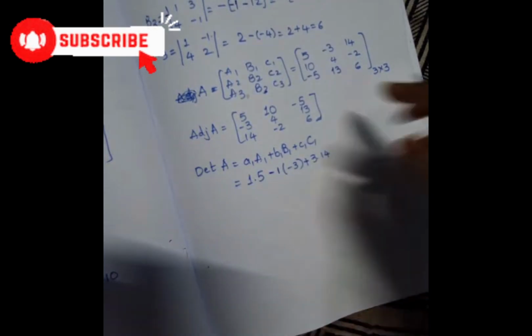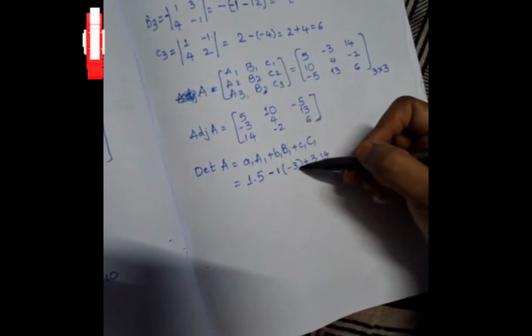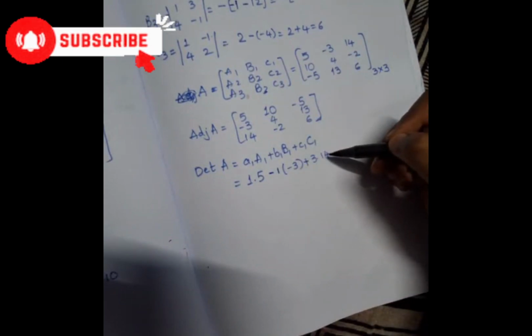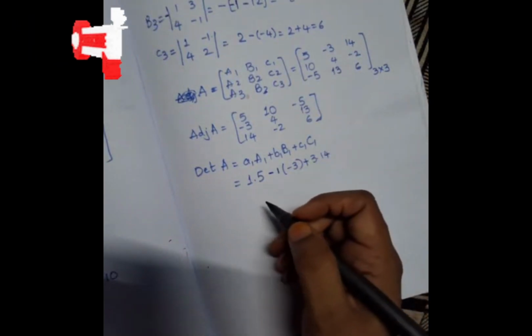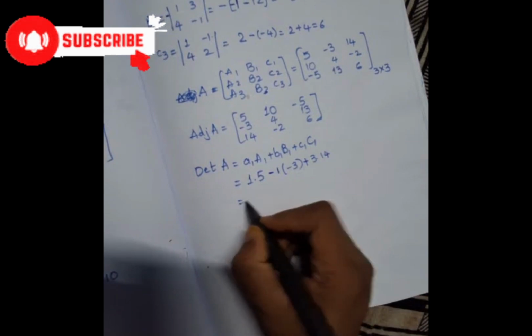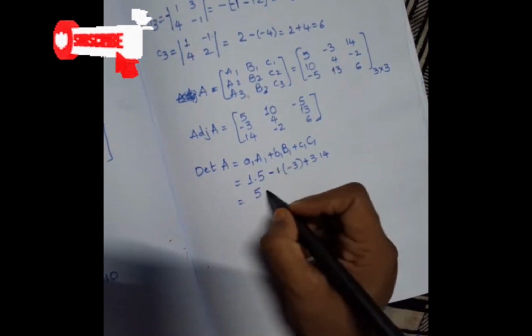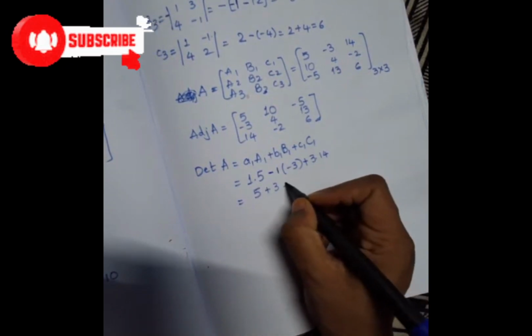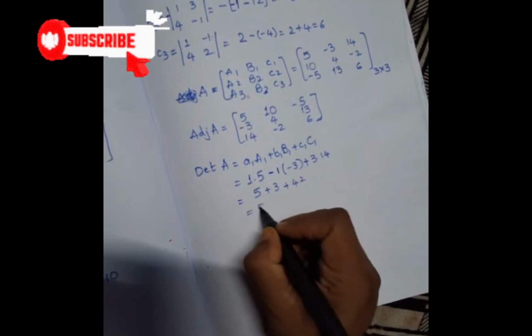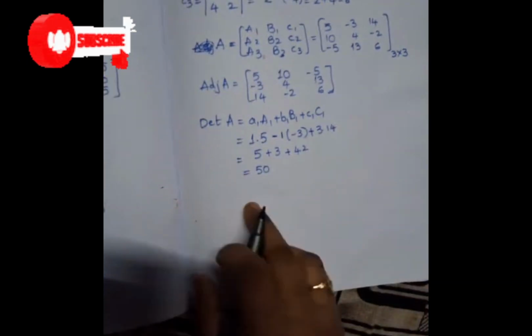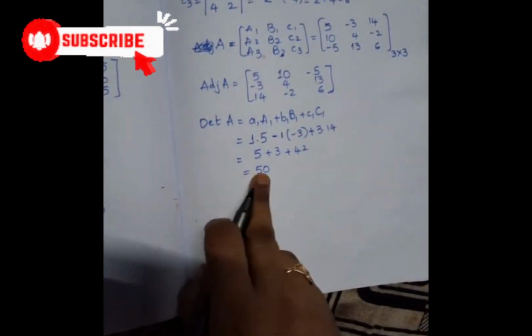This one is 5, minus 3 and 14. Okay, A1 B1 C1. Now 5, minus into minus plus, 3 14s are 42. This one is 50. Okay children, we have obtained the value of determinant of A.